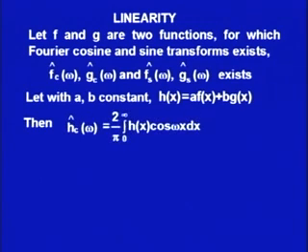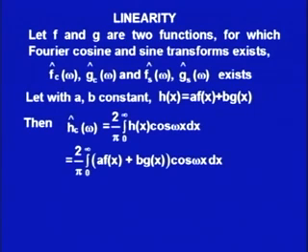By definition it will be 2 upon pi integral 0 to infinity h(x) cos(omega x) dx. Now h(x) is nothing but a times f(x) plus b g(x). So, let us substitute it, we get 2 upon pi integral 0 to infinity of (a f(x) plus b g(x)) cos(omega x) dx.